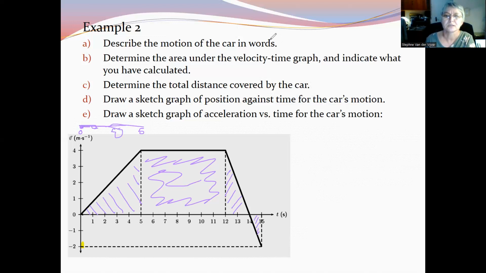The car was accelerating in the forward direction. So he was accelerating. The a was not 0. Then he carried on moving forward at a constant velocity. So v was constant. Then he carried on a further 2 seconds, and for that period of time, he was decelerating.